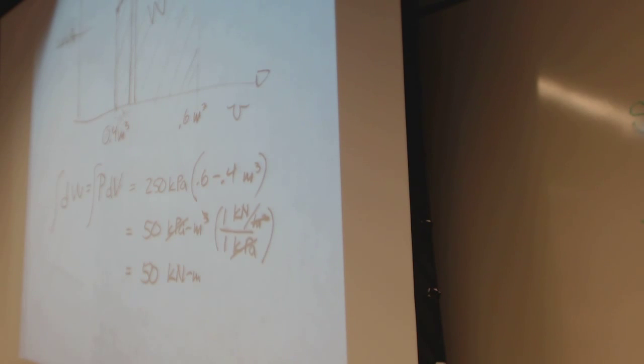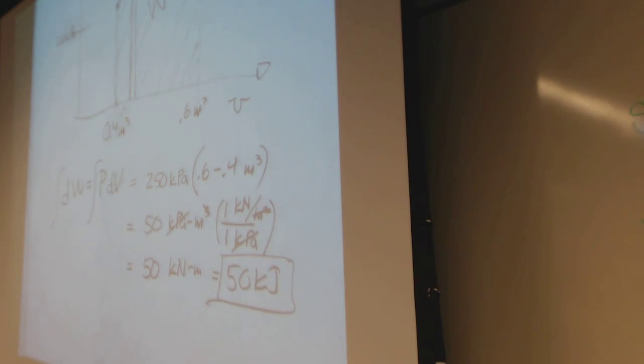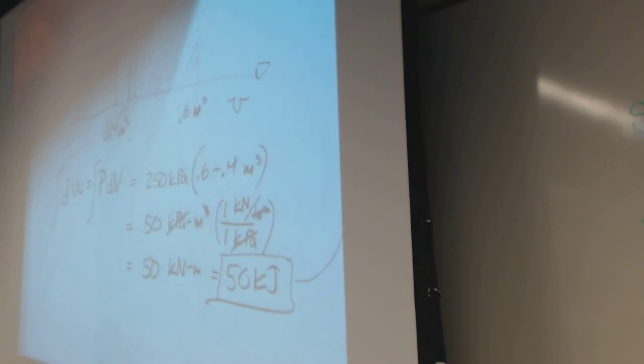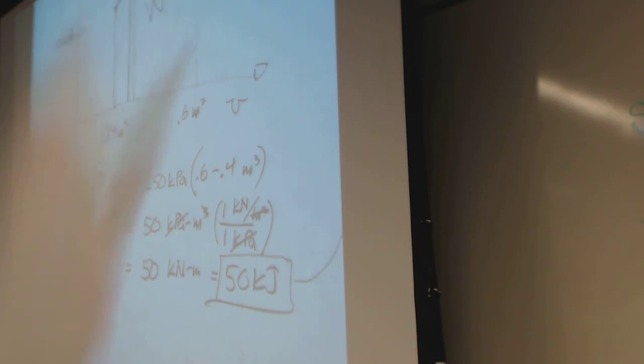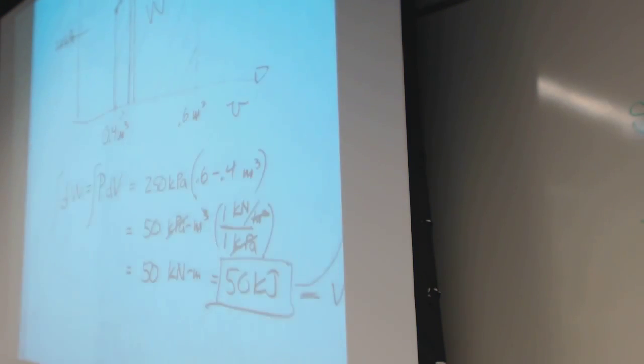Anyone have another idea what we could call a Newton meter? Force times distance, it's a unit of energy. Is that a kilojoule? And according to this, this is the work that was done.